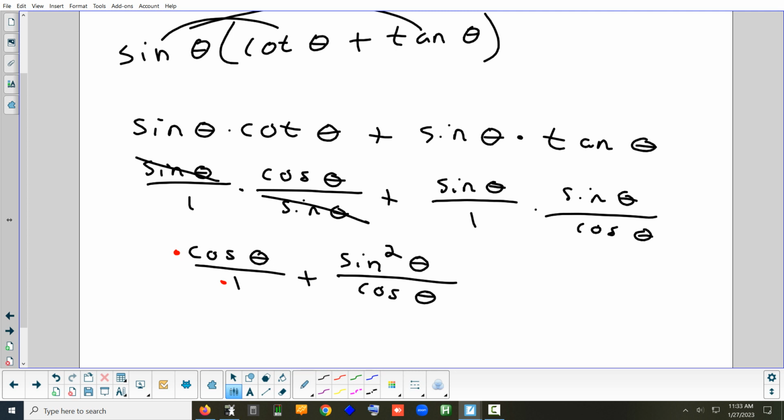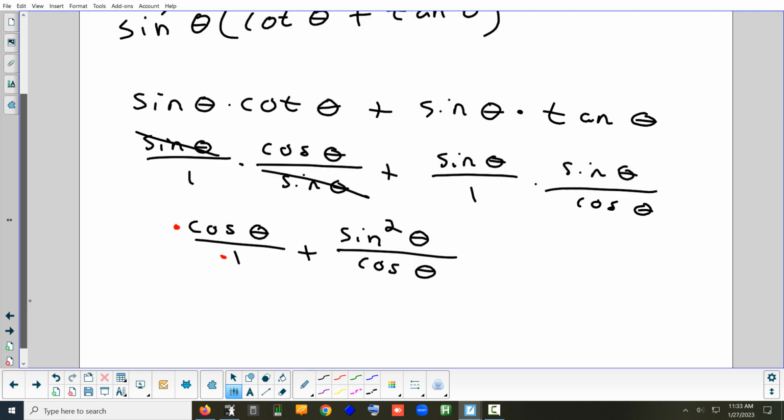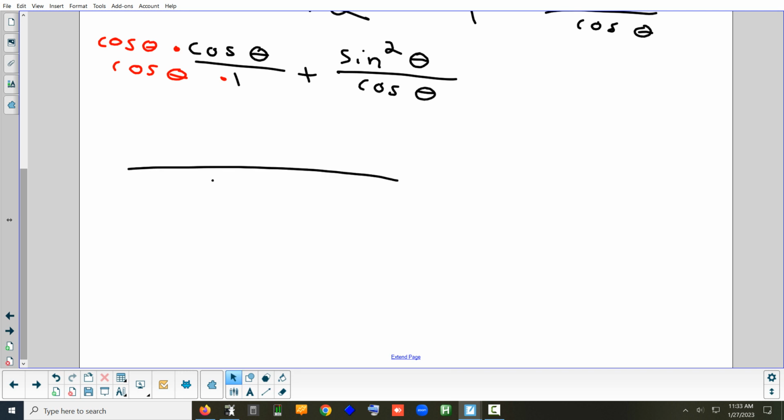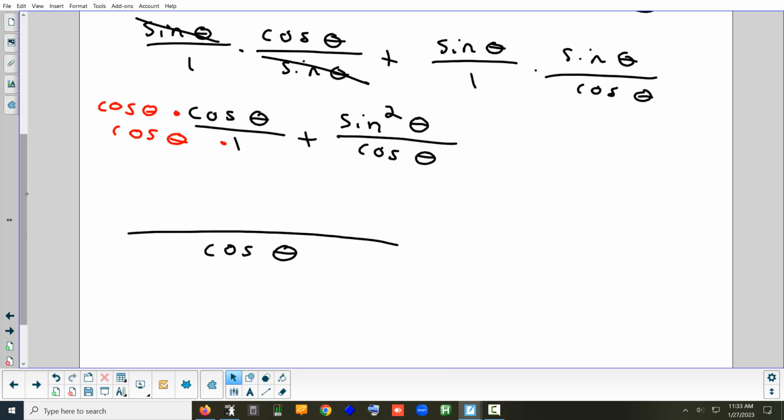And it has to be the same thing in the top and in the bottom. Cosine. Okay, so that's going to give me a common denominator of cosine. And what's that going to give me in the top? Cosine squared, plus sine squared.